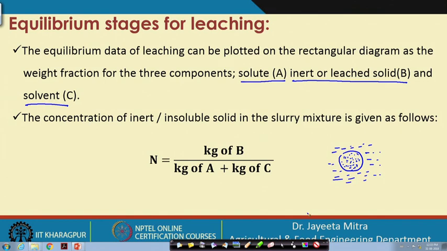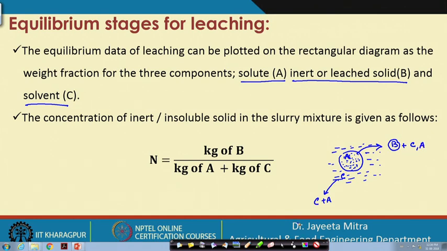When the separation has occurred and the solid has become separated, we have mostly B, the inert material, and the liquid which was C, and it now has some amount of A. So, it has moved with C plus A, and here it is B, but B is not a dried one. B has some amount of C, the solvent, and in that some amount of A will also be there.